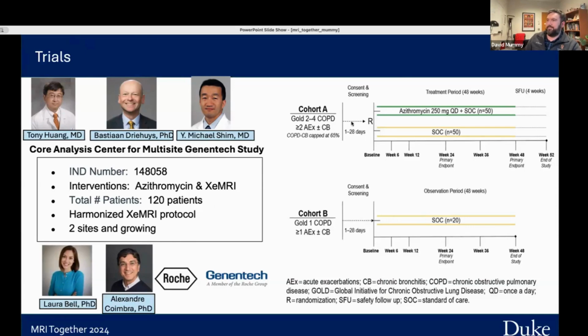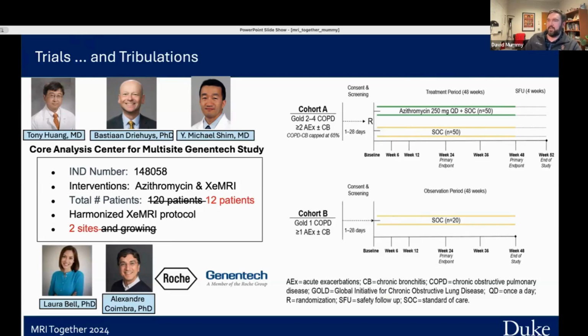And there's no need to really look at this because we ended up not doing it. But the study was pulled a lot early, not for scientific reasons. So we ended up doing 12 patients at 2 sites instead of our loftier goals, but it was still a really good road test of our ability to combine our data and put it together in a multi-site fashion.